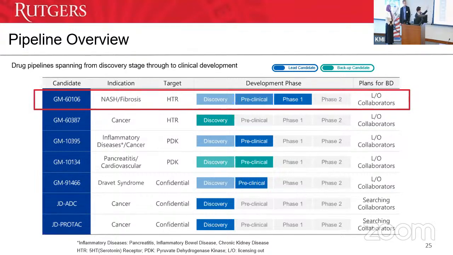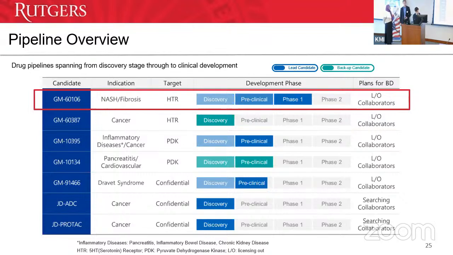Just to briefly touch upon their lead asset that's indicated for MASH, I want to highlight two key points of differentiation before moving forward. The first one is a unique biomarker strategy. They identified serotonin as a precursor to MASH, and based on that, they developed their asset with a mechanistic hypothesis of a triple mechanism of action, targeting the pathology of MASH by antagonizing the serotonin 5-HT2A subtype receptor.